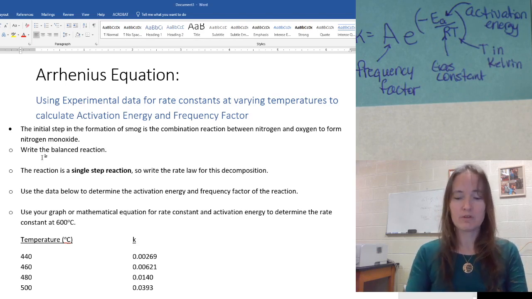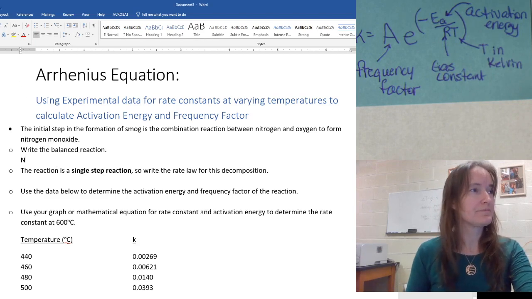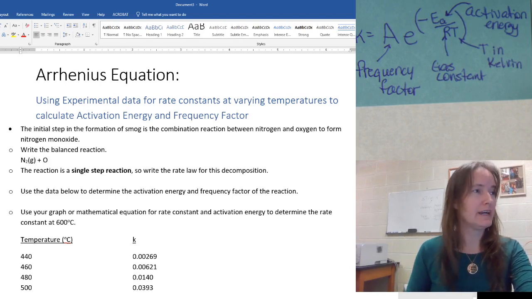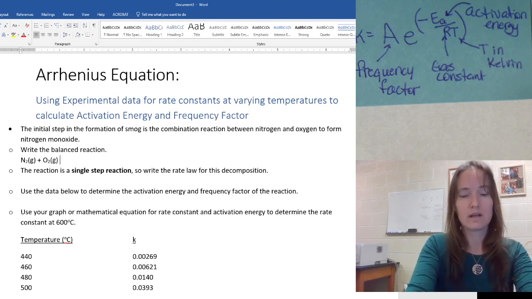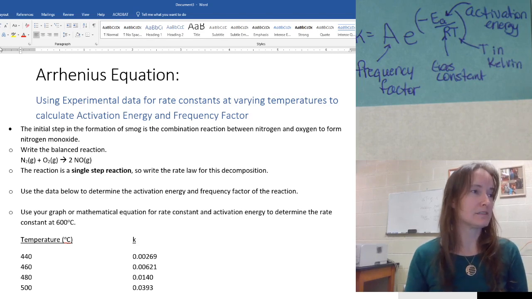And so this chemical reaction is nitrogen gas plus oxygen gas, and it forms 2 moles of nitrogen monoxide gas. So there is the balanced reaction.